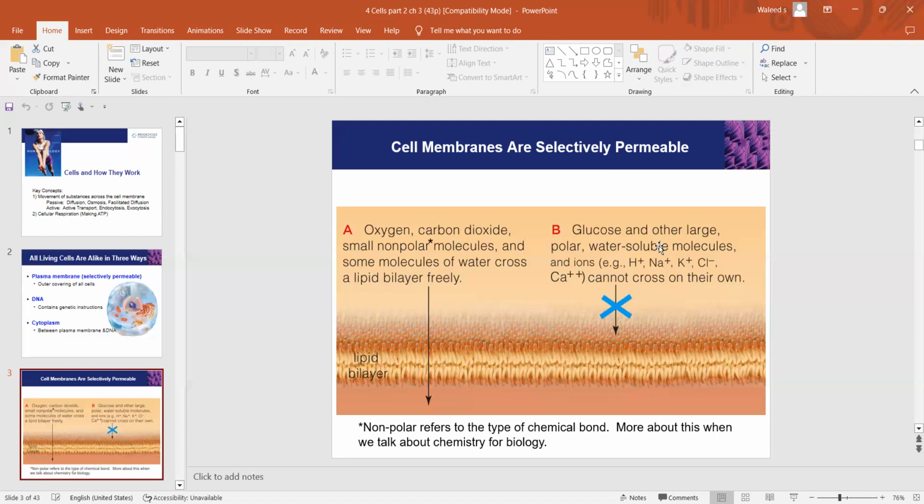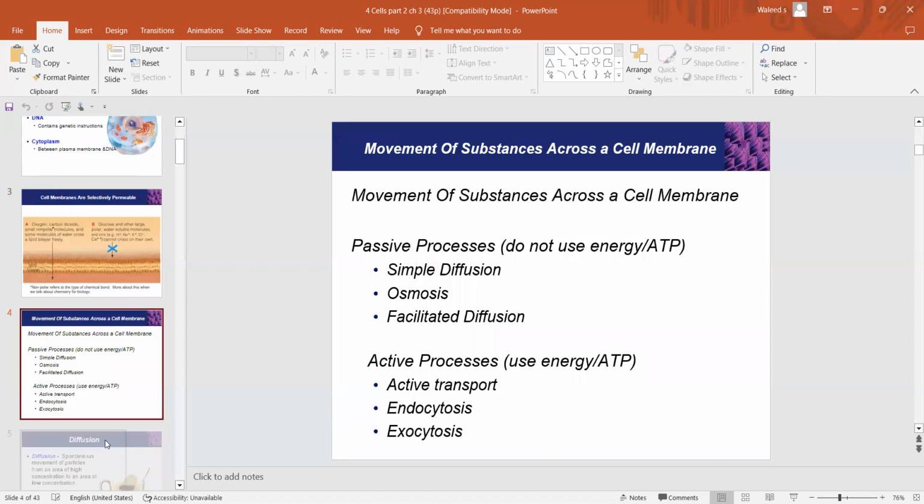Anything else is hydrophilic. That's it. Just the fats and things related to the fats. So how about something like glucose, or something that's large, or molecules that are water soluble, or ions? They cannot cross. Only this can cross. Anything else? No.